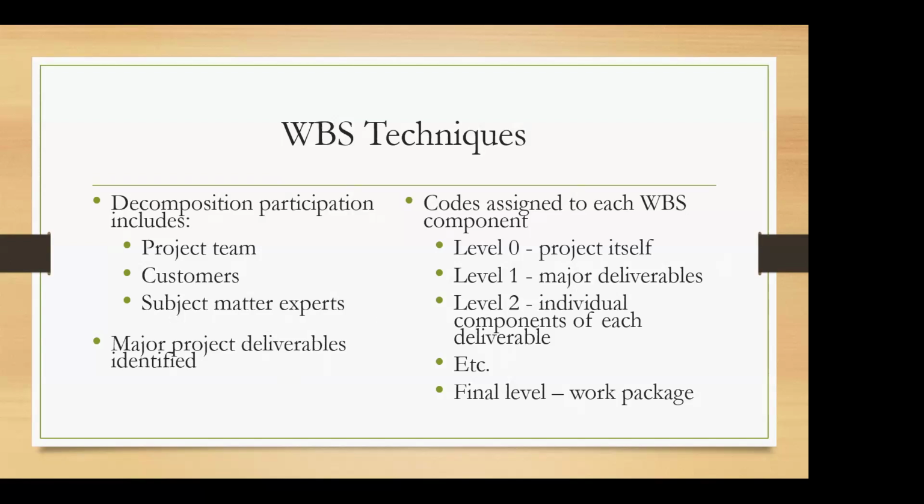You will have different levels. Level 0 will be the project itself. At level 1, you have the major deliverables. At level 2, you have individual components for every deliverable. And at the final level, this is where you will get the work packages. This is the most detailed level of the work.